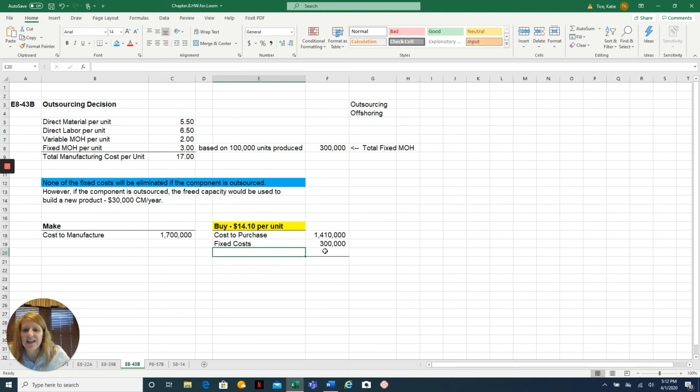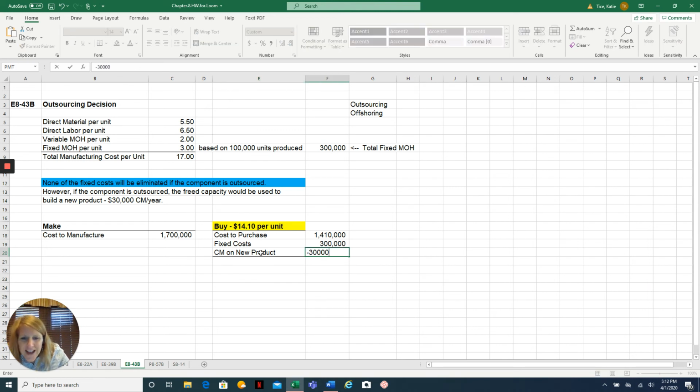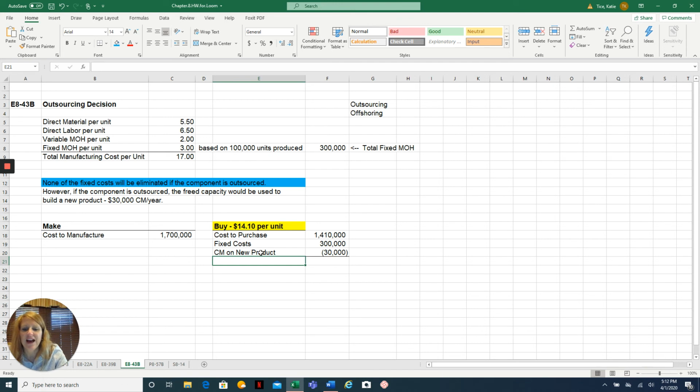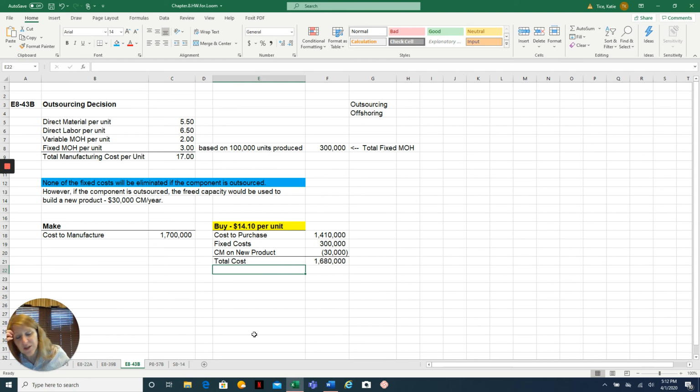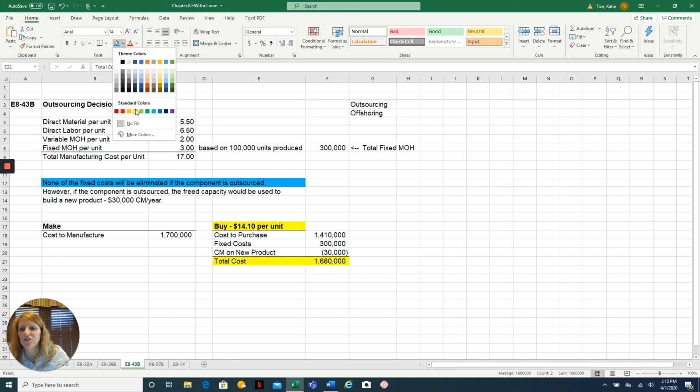And then the final thing is, we would have to pay $1,410,000 to purchase. We still have $300,000 of fixed cost, but the contribution margin on the new product reduces our cost. That offsets the fixed cost that we still have. So what this means is the total cost associated with buying is $1,680,000. So clearly you can see this is the better option.